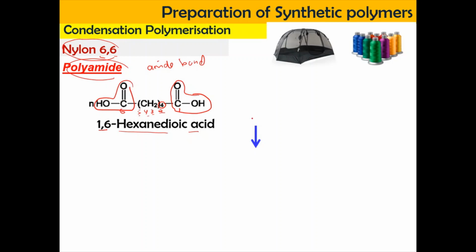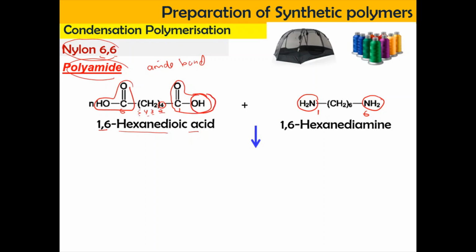Okay, and it's going to react with 1,6-hexanediamine, where the amine group is attached at carbon number 1 and also at carbon number 6, both ends of the reactive group. Okay, di hujung-hujung carbon chain. So what's going to happen here is that the OH from the carboxyl group is removed, and one of the hydrogens from the amino group is removed.